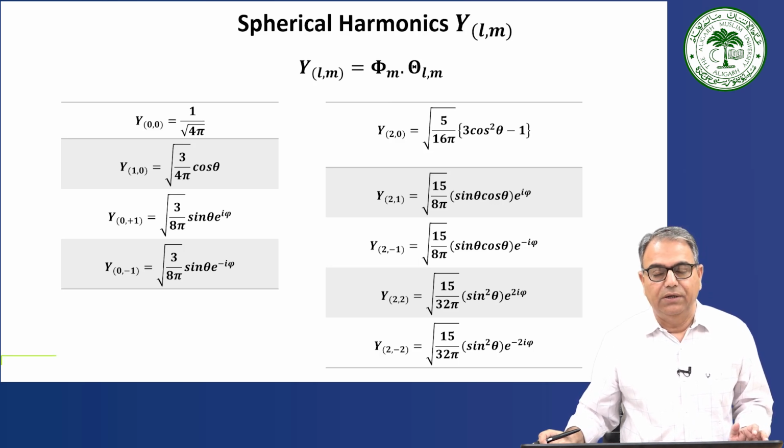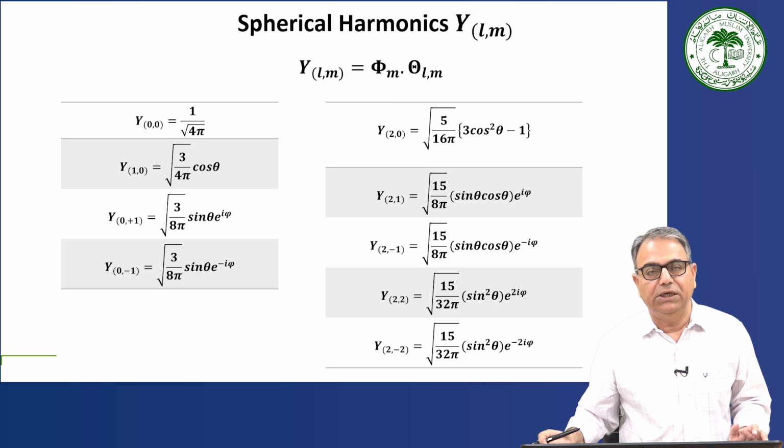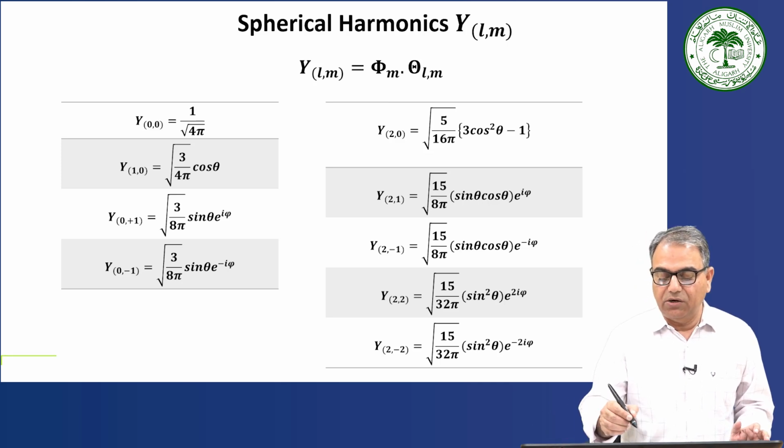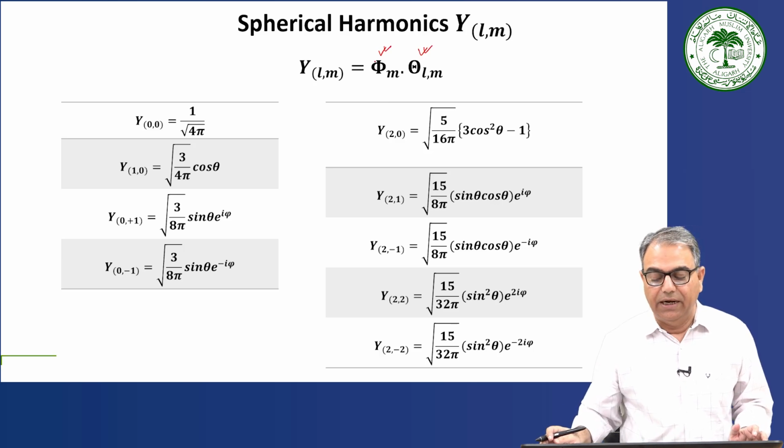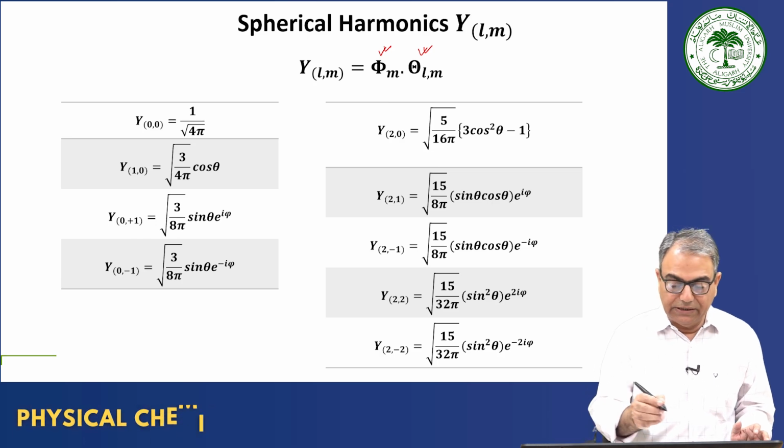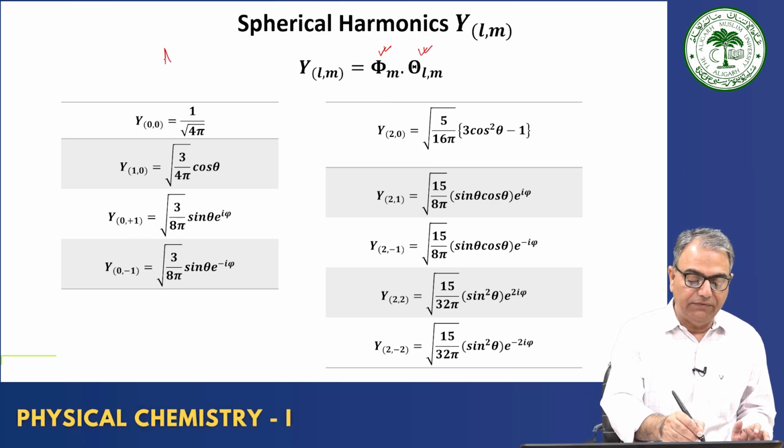And the total function is the multiple of these. So the product of the phi part and the theta part gives you the total function, and this total function is called spherical harmonics, and it's actually the angular part of the wave function.